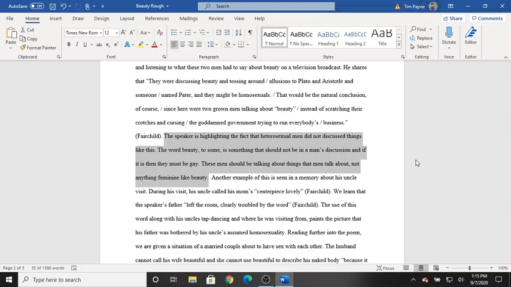And number two, it'll show you what you're left with. We're left with this idea that if you talk about beauty, it somehow brings in questions of your sexuality. Along with that is this feminizing aspect to their discussion. They're talking about beauty, so they must be feminine in some way, therefore they must be gay in some way, they must be homosexual.